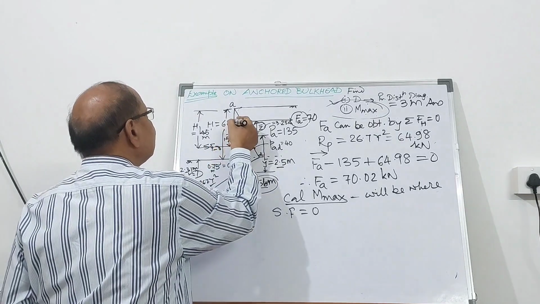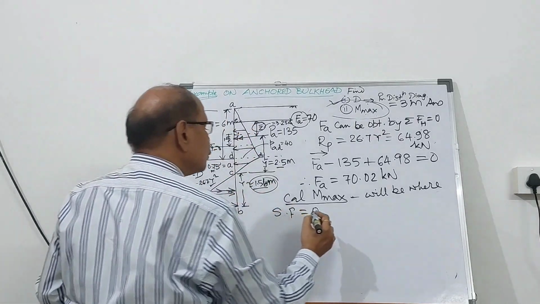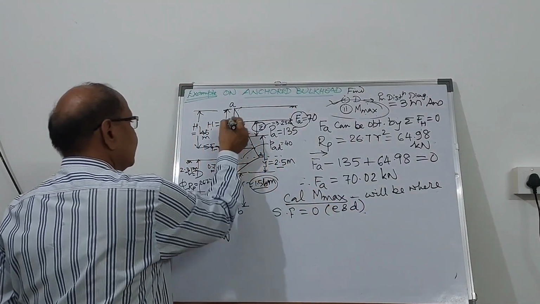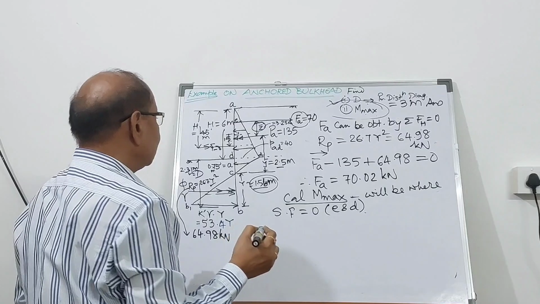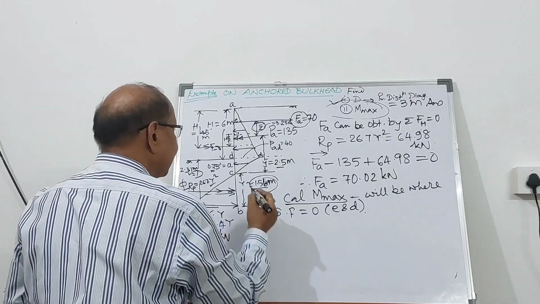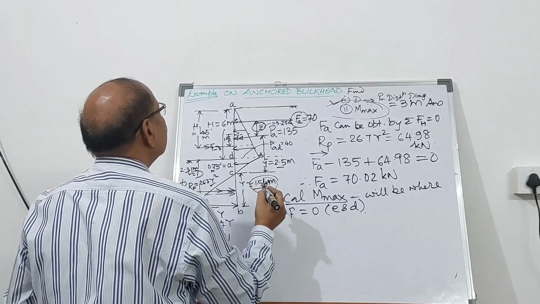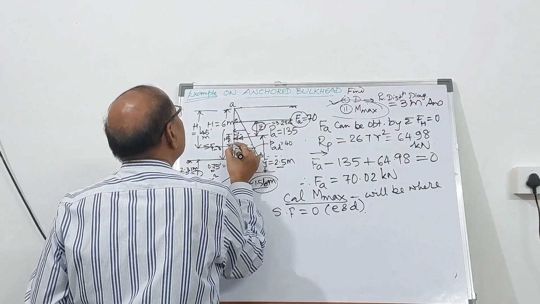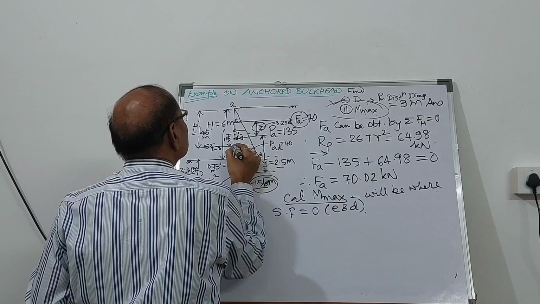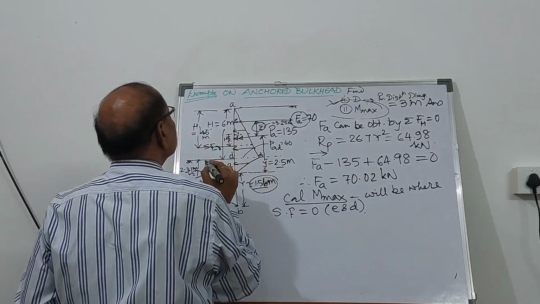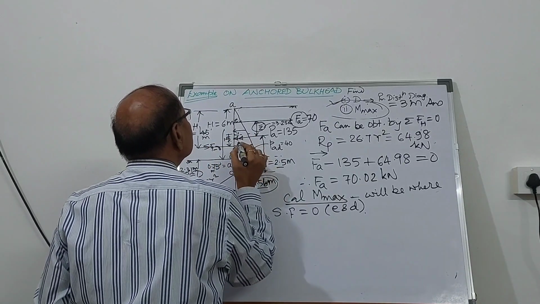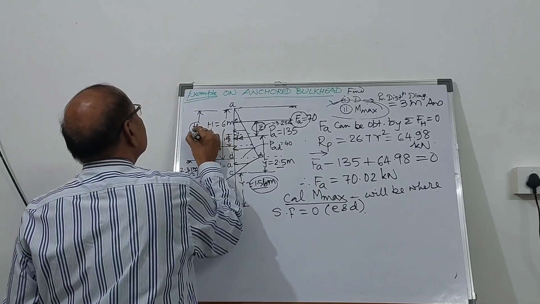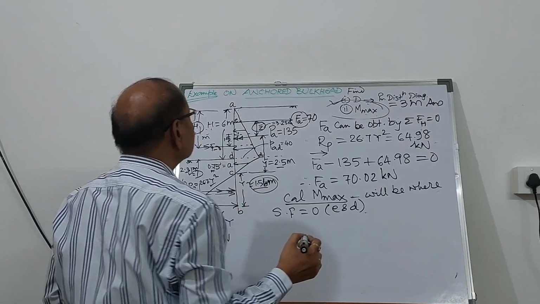This will fall between the point E and D. So let's say the point is somewhere at a height h1. So it is at this location.